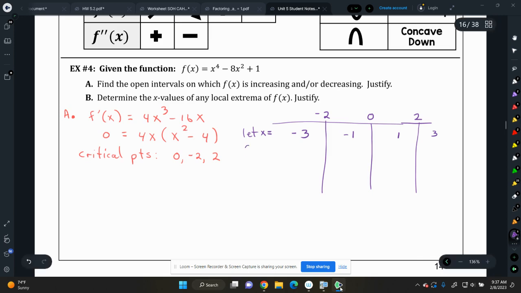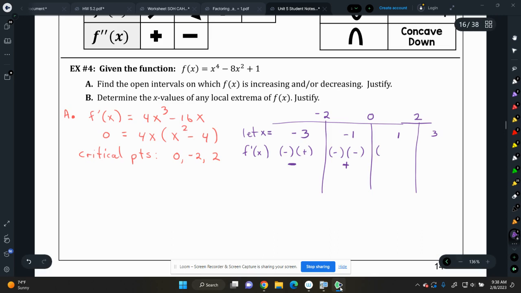Okay, so f prime. If I use -3, I'm going to get a negative, -12, and then the -3 is squared, I get 9. So I get a positive. So this equals a negative. When x is -1, I'm going to get a negative times a negative, which is positive.